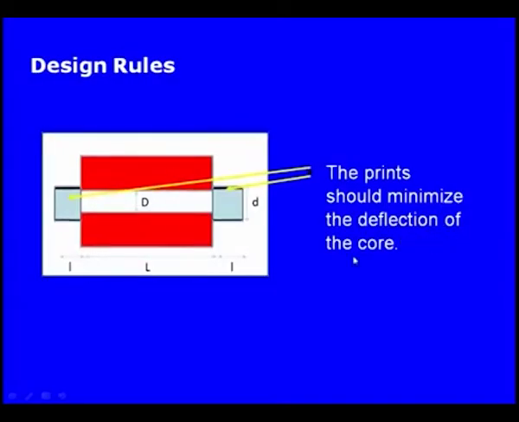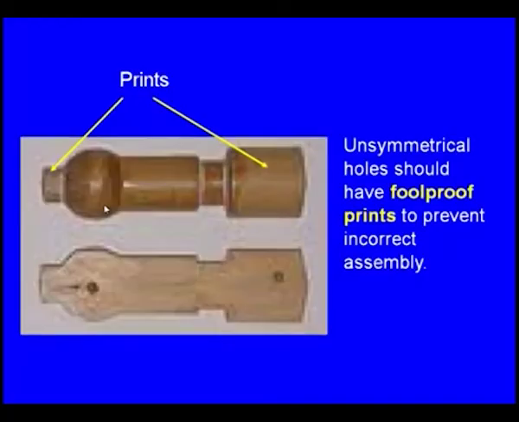Next, the prints should minimize the deflection of the core. So, this is the print and this is the print, and in between this is the core. The prints should be designed in such a way that the core does not deflect at the center of the cavity.